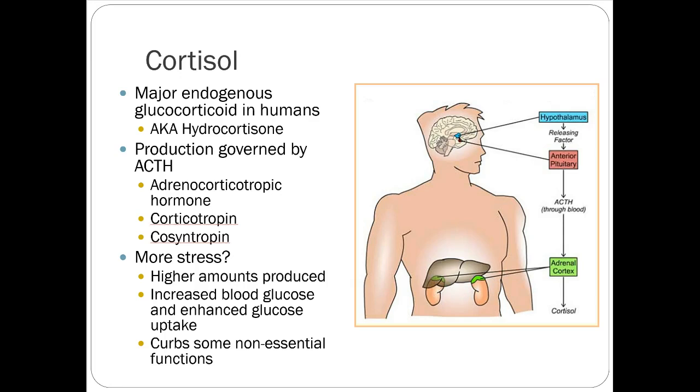What this does on a basic level, if you think about it from a self-preservation point of view: let's say you're in a stressful situation. You're going to get cortisol release that increases blood glucose, enhances glucose uptake, and curbs some non-essential functions.